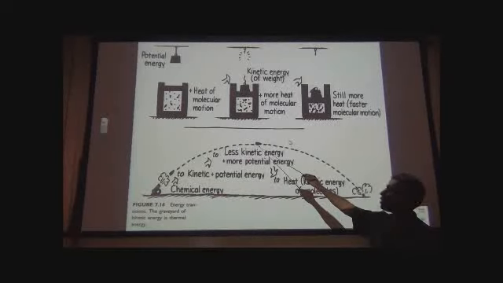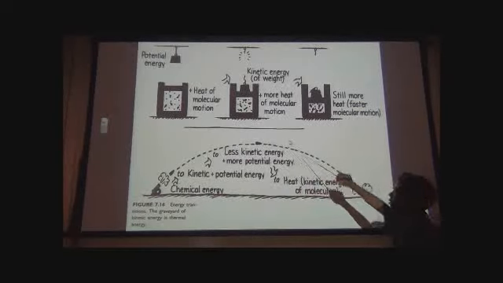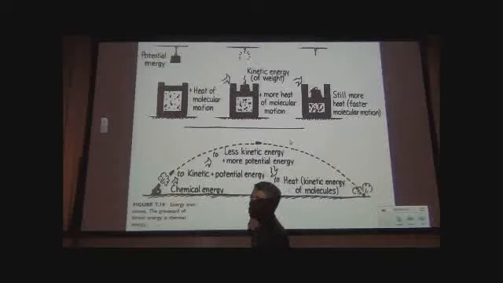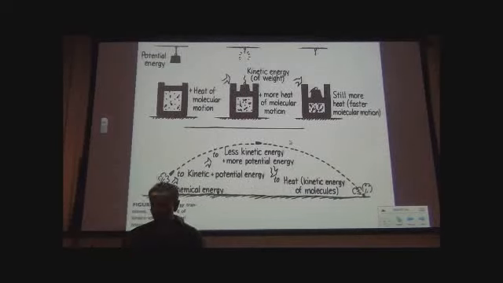Then the potential energy gets converted into kinetic energy again until it hits here. The cannonball hits and breaks things, right? That energy gets converted into heat, which is basically the kinetic energy of the molecules. So again, an illustration of energy being converted from one form to another and then another.